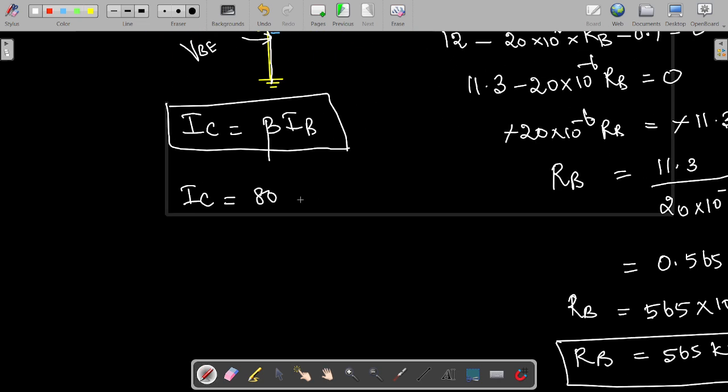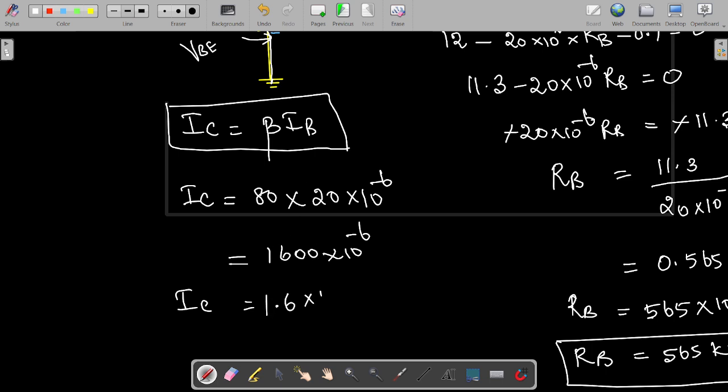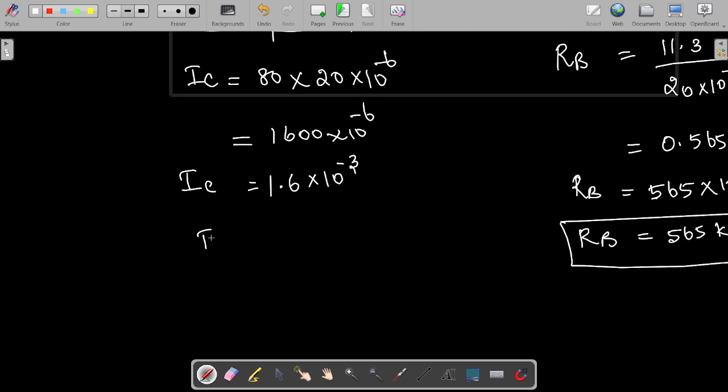So that is 80 into IB, which is 20 microamps, so 20 into 10 power minus 6. 80 into 20 is 1600 into 10 power minus 6. If I bring the point here, then it becomes 1.6 into 10 power minus 3. So IC is equal to 1.6 milliamps. So this is another answer which we found out.